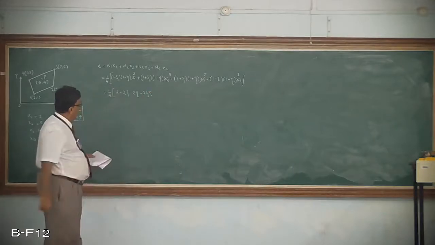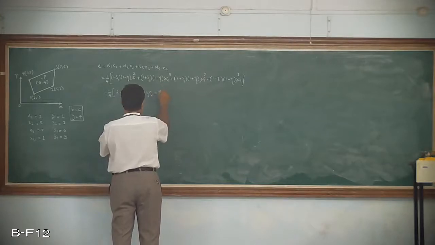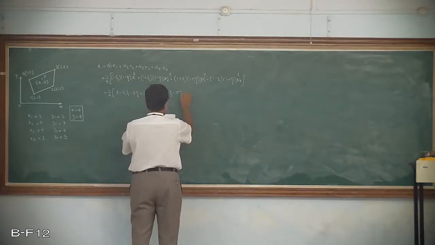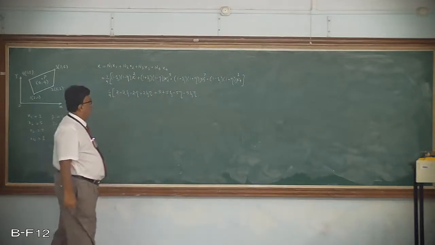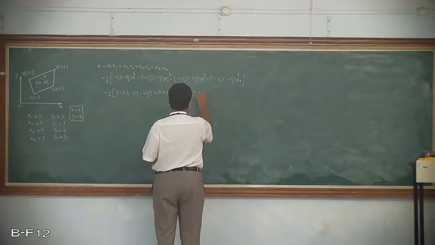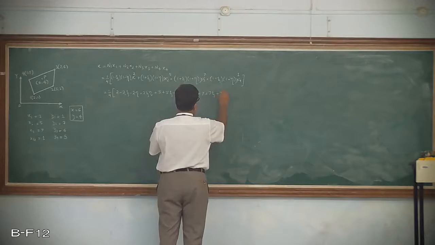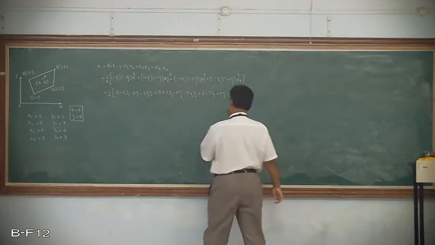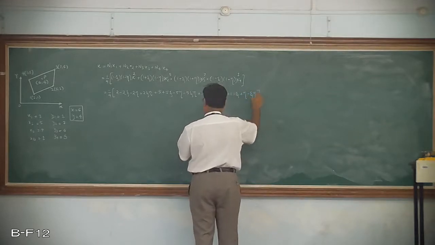This is going to be the first expression. Then the second one is 5 plus 5 zeta minus 5 eta minus 5 zeta eta, for the expansion of the second bracket. Now let us go to the third one: 7 plus 7 zeta plus 7 eta plus 7 zeta eta. Then the last one is 1 minus zeta plus eta minus zeta eta.